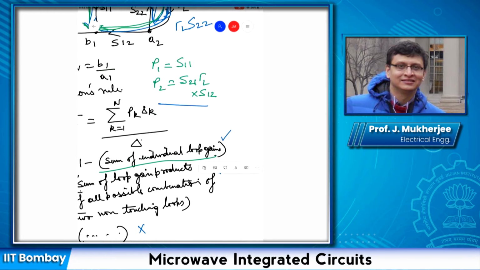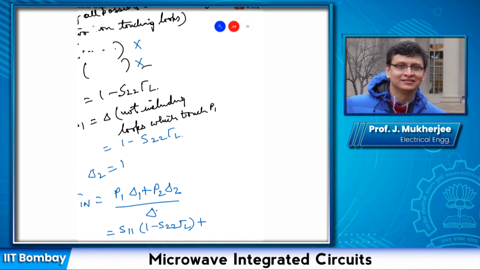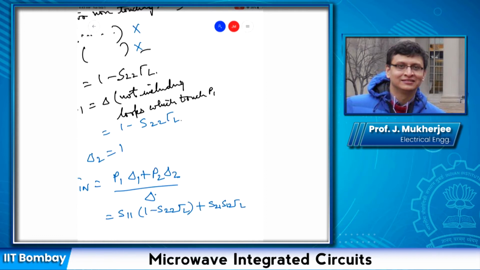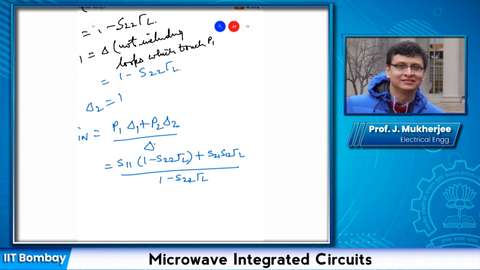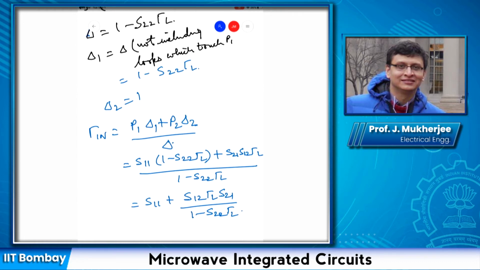P2 is S21 S12 gamma L, and delta is 1 minus S22 gamma L. This is equal to S11 plus S12 gamma L S21 upon 1 minus S22 gamma L. Okay, so that's how we find the value of gamma in.